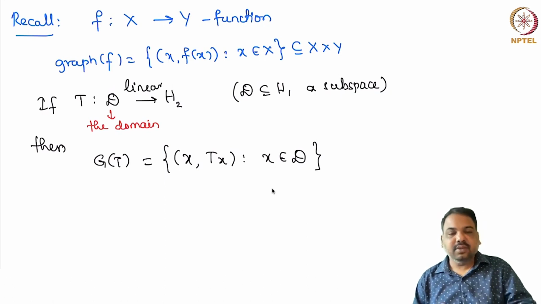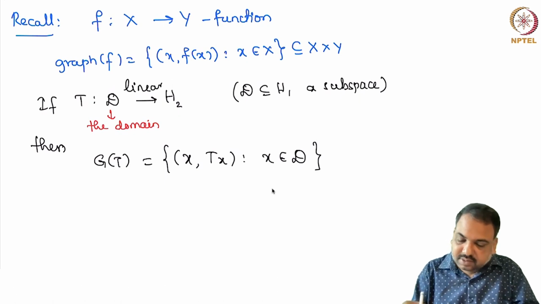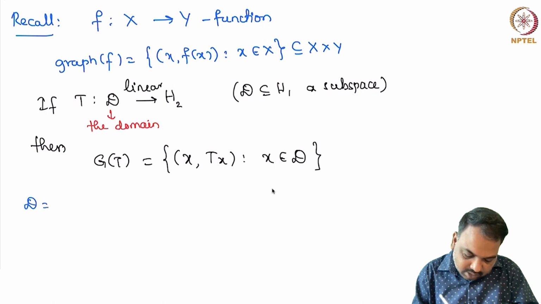That is called the maximal domain also. So sometimes D is written as D(T) to say that it's the domain of T.